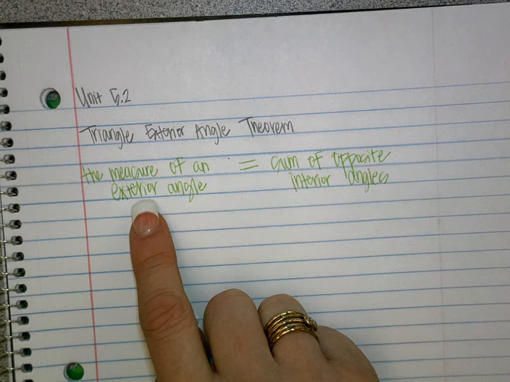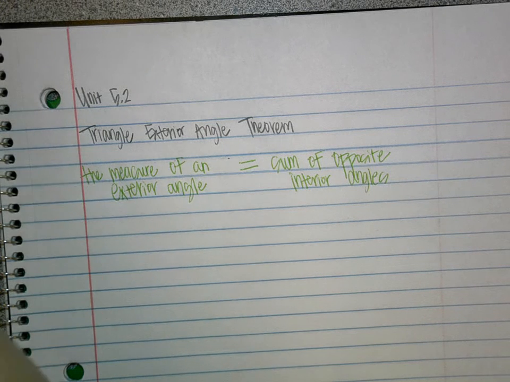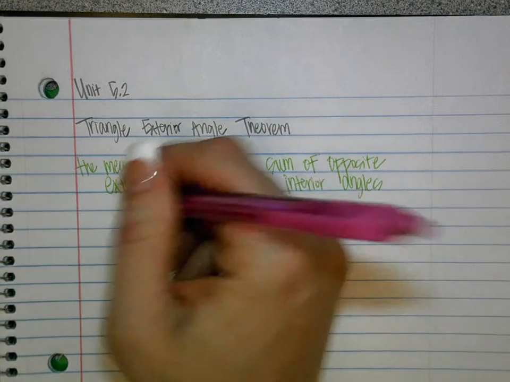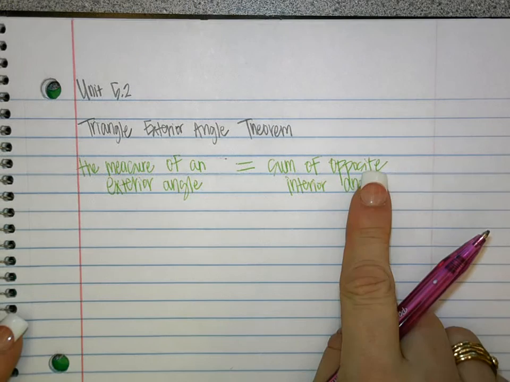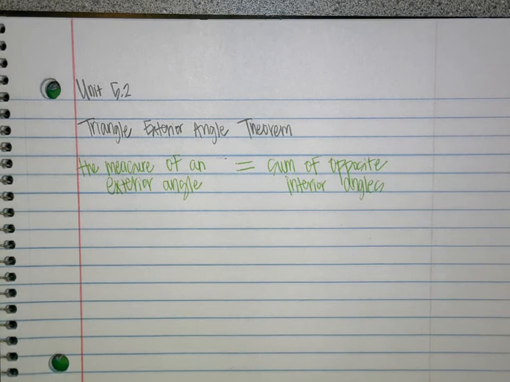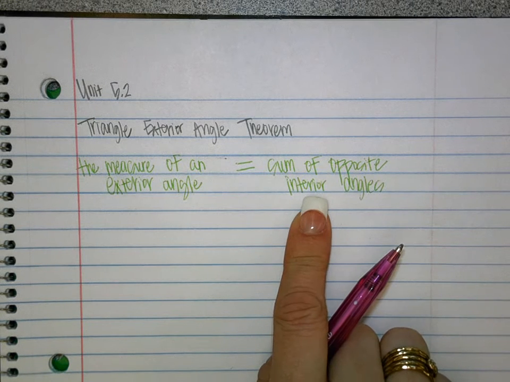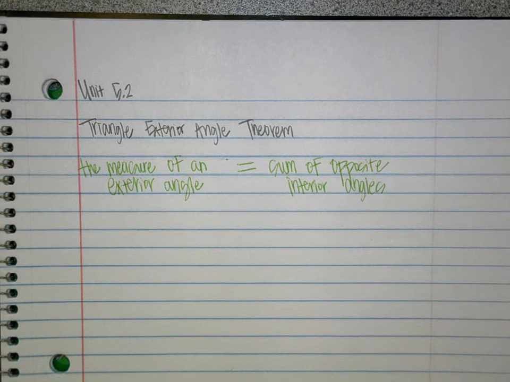Outside. The outside. Opposite means like across from. I'll show you in a picture in just a second. And interior means inside. So exterior is outside, interior is inside, just in case you didn't know that.